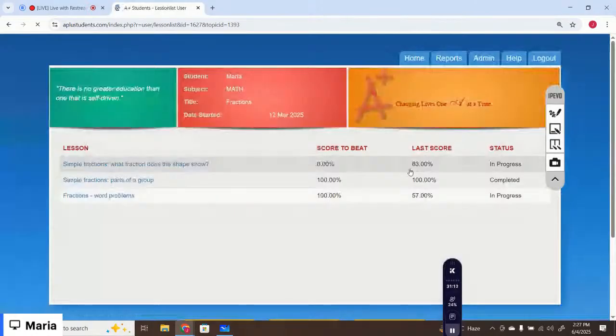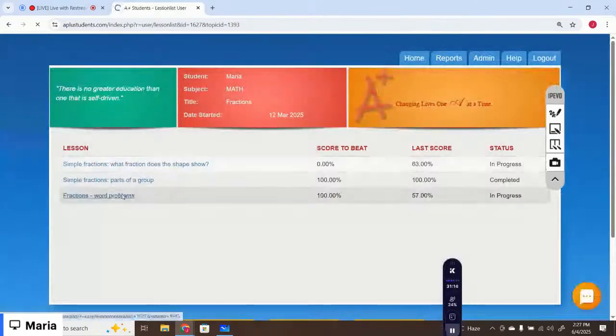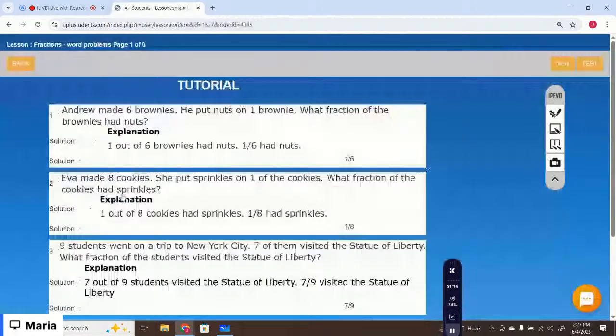That is fractions word problems. So let's just start with the lesson. Henry made six brownies. He put nuts on one brownie. What fraction of the brownies had nuts? So the total brownies are six.